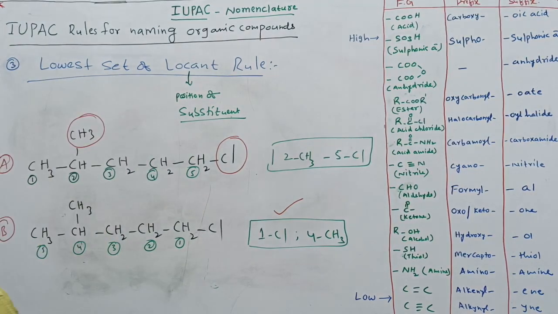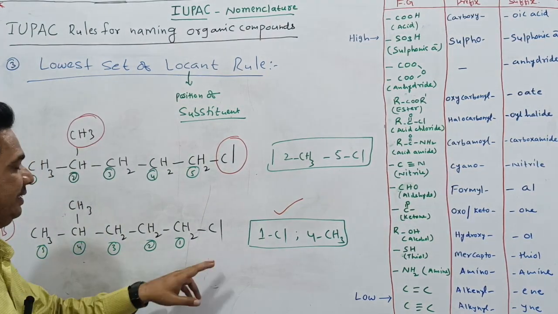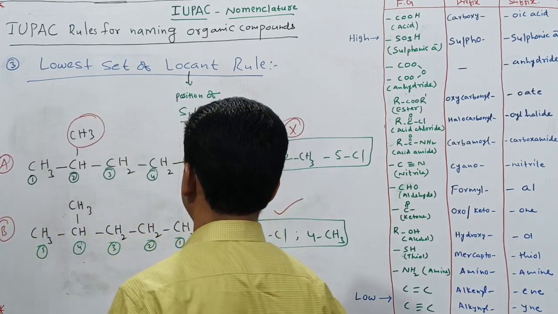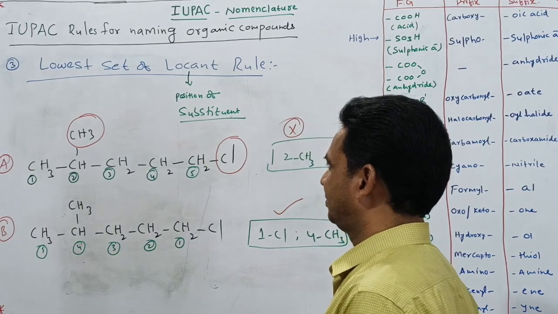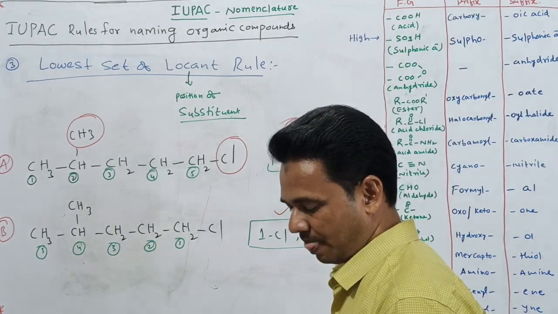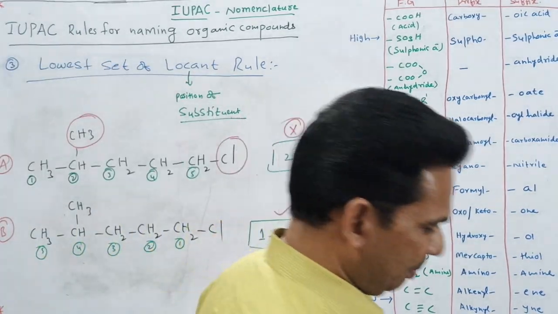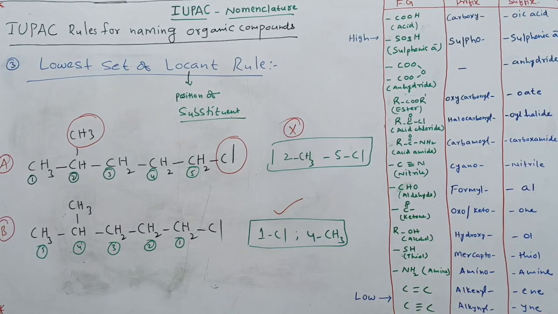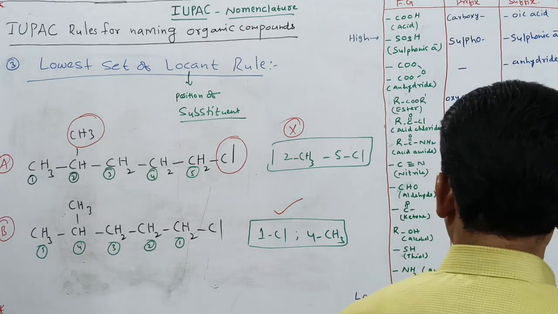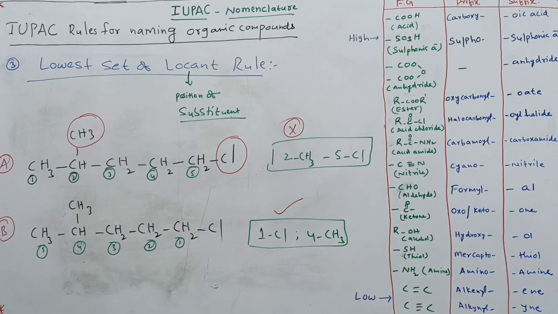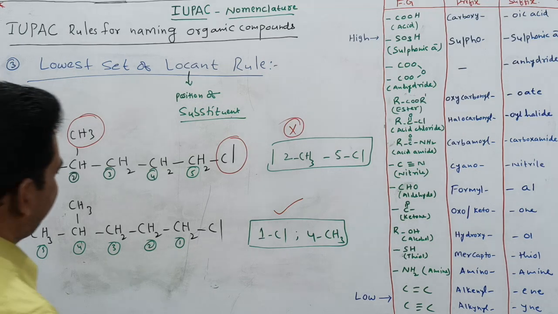That's why I am giving numbering this way. This is correct, this one is wrong. Now we'll see different examples. I hope you understand this one.